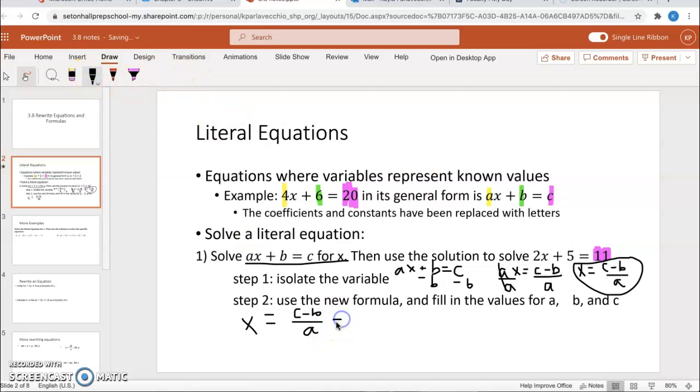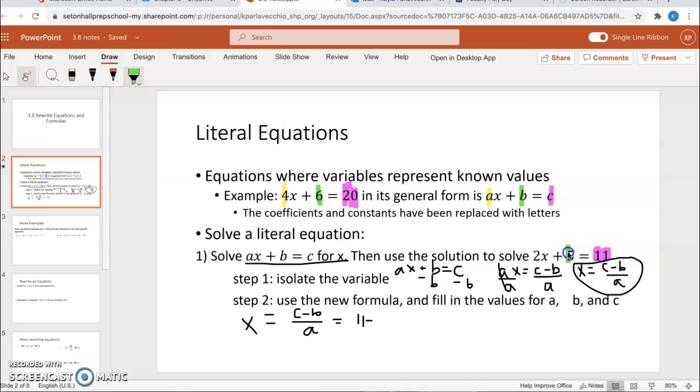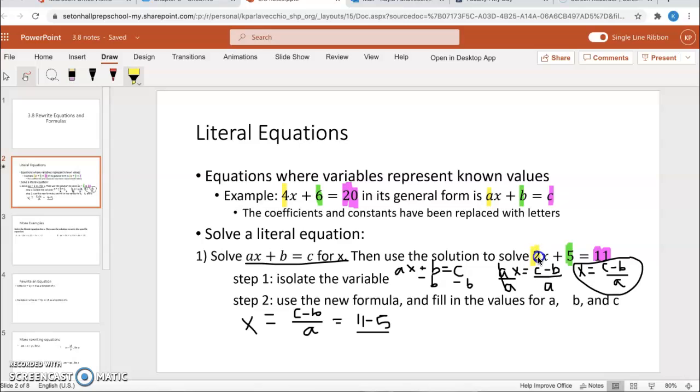So I would plug in 11 in the place of c in my numerator, minus b, we've been using green, is 5. So in the numerator, I have 11 minus 5 all over the value for a, which is 2. And I would go ahead and start to simplify. 11 minus 5 is 6 over 2, which simplifies down to 3.